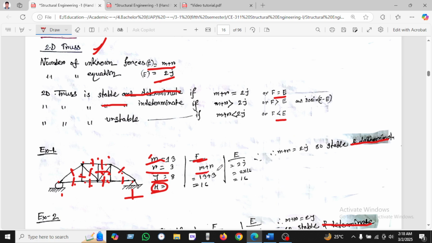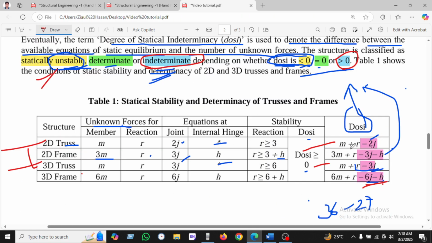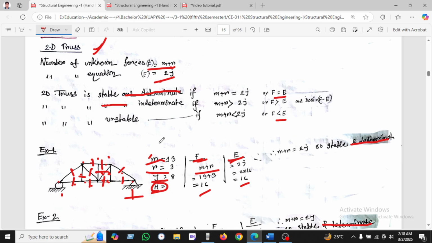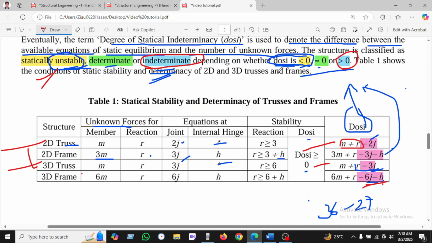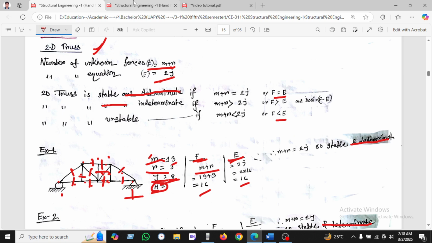Now applying the equation m plus r, m is 13 and r is 3, so 13 plus 3 is 16.